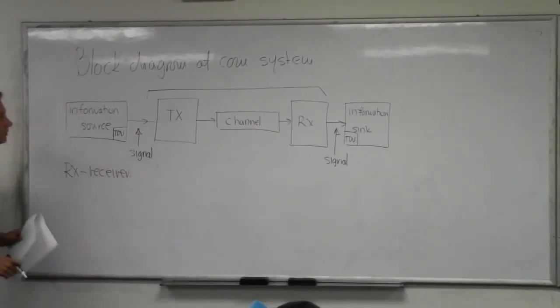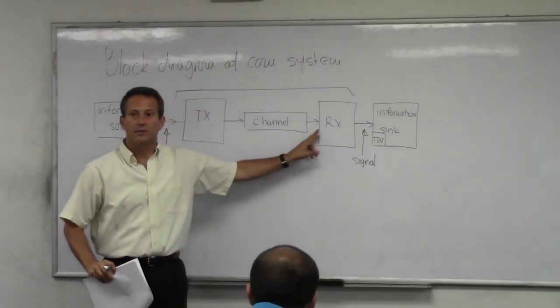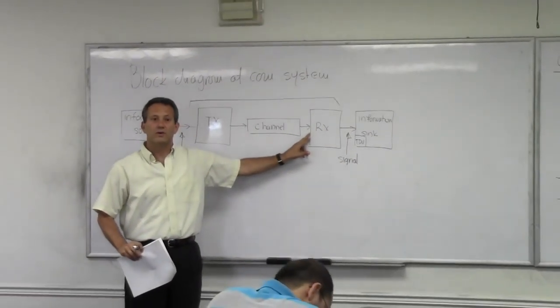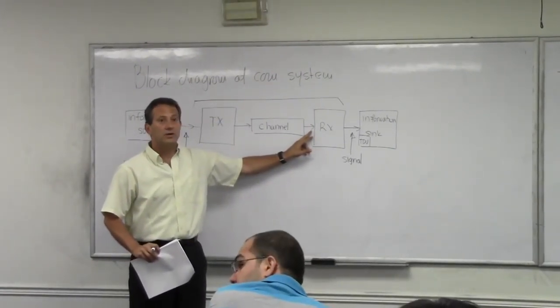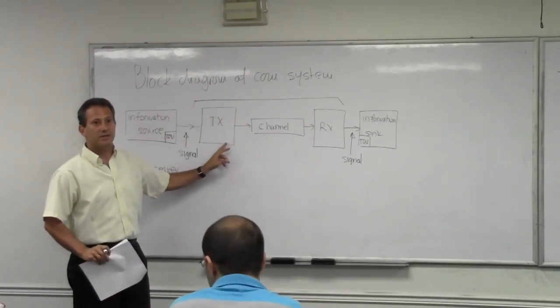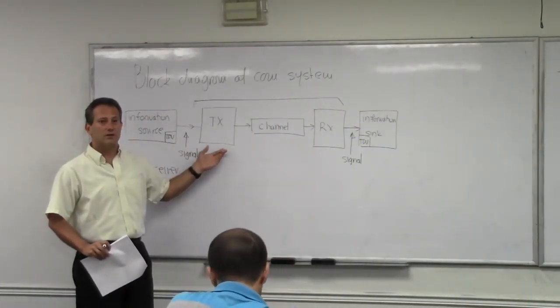The purpose of the receiver is to accept this signal here, which is a distorted version of the original signal, and then try to recover what has actually been sent, right? So it's a very complicated task, even on the outset.